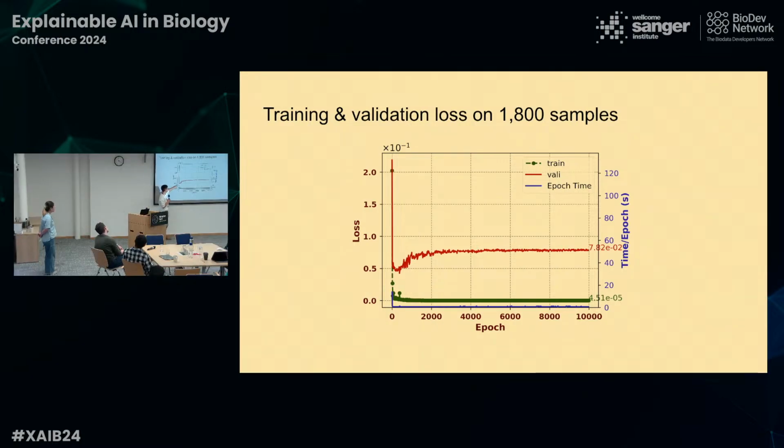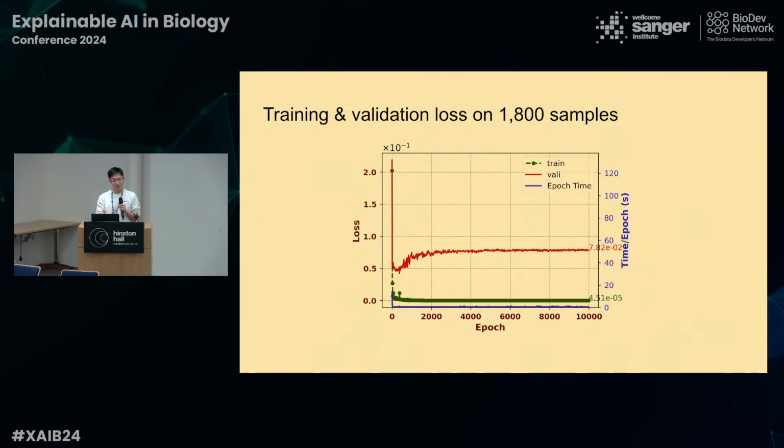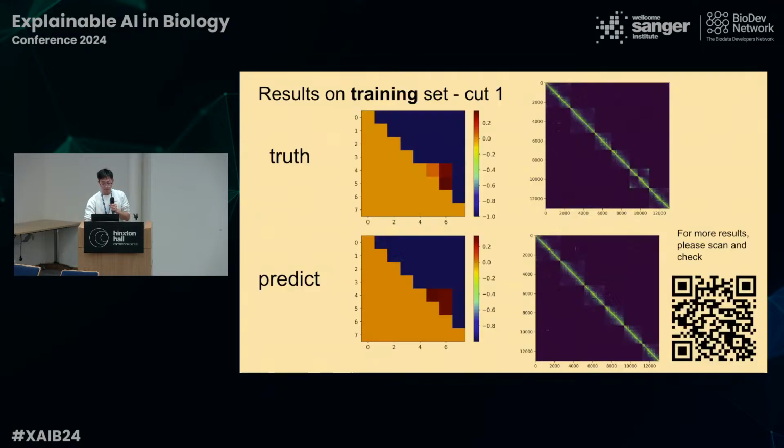We can see this is the validation loss and this is the training loss. The model is trained very well on the training set, but still gets overfitted. So this is a training process that is still overfitting. Let's see how it works in practice.